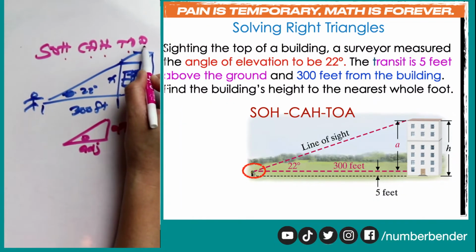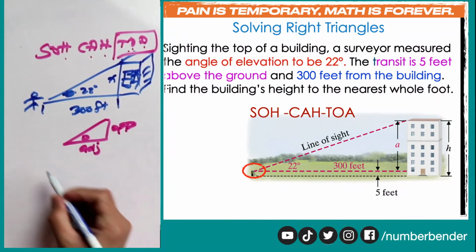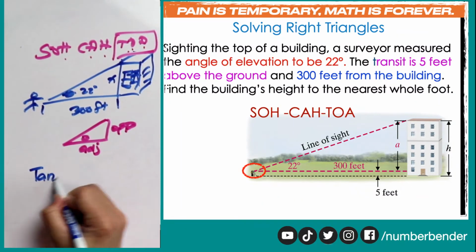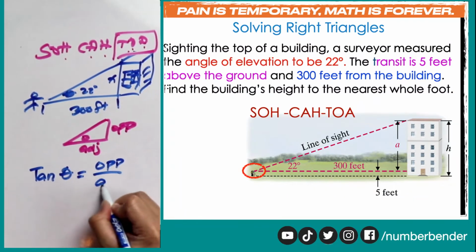A, O, A, O. And we found the formula that we're using because tangent is the only formula with A and O, which is adjacent and opposite. All we need to do now is to write our equation, which is tangent theta is equal to opposite over adjacent.